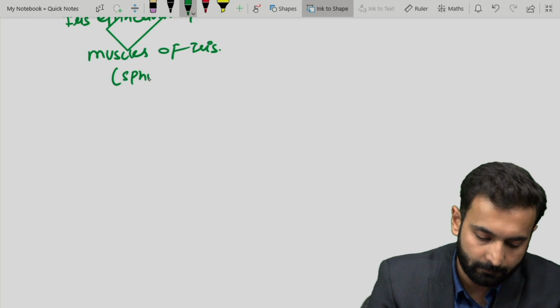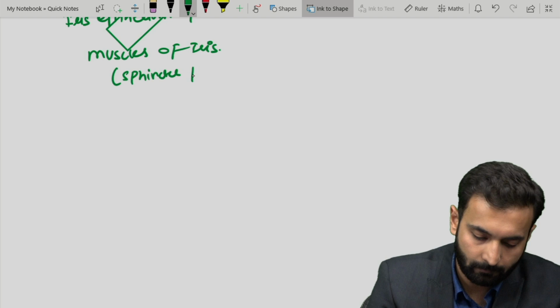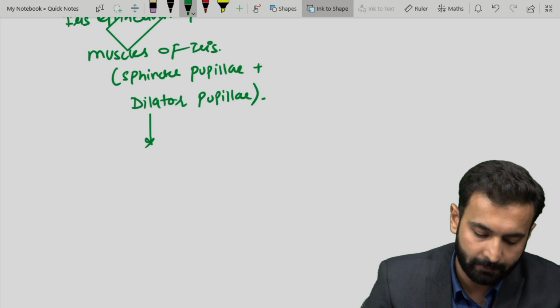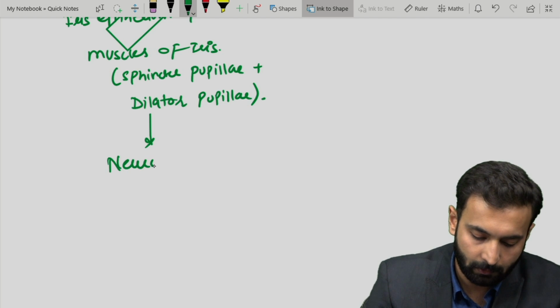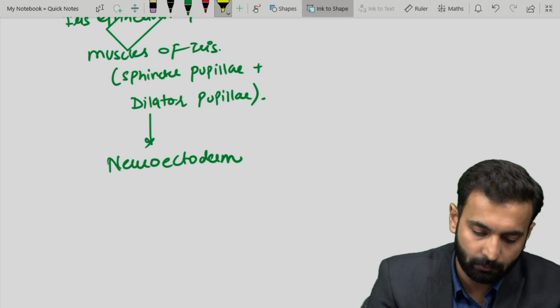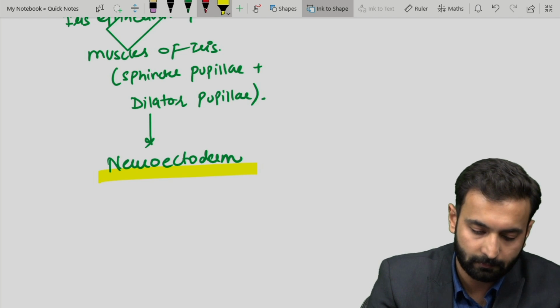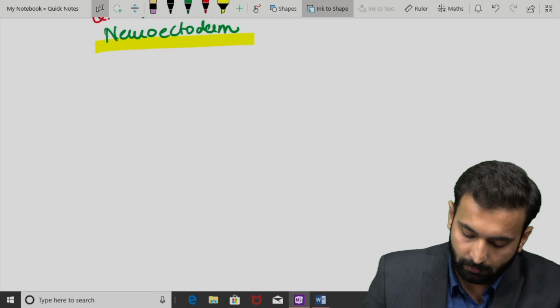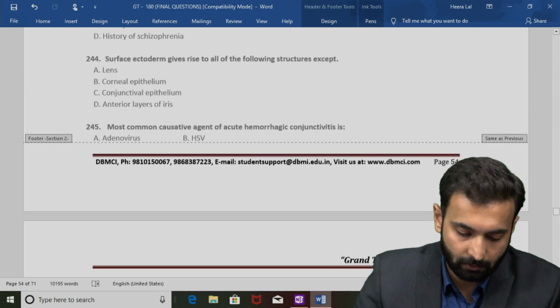Sphincter pupillae and the dilator pupillae. Both these muscles and epithelium develop from neuroectoderm. This is a unique feature of iris, important one. Right. Now let's discuss the next question.